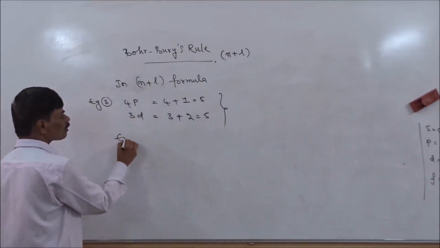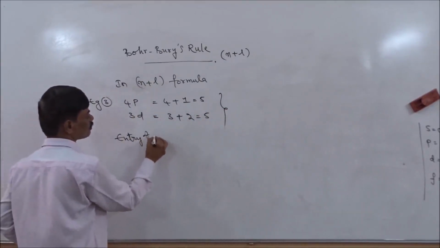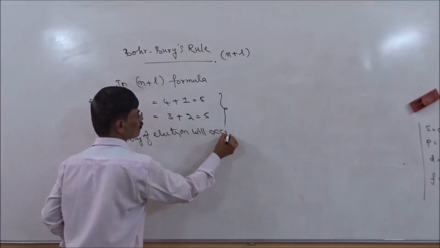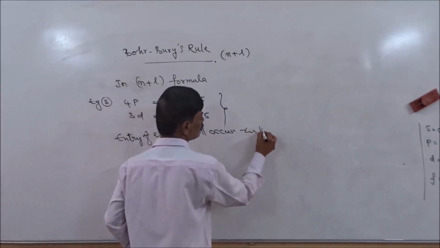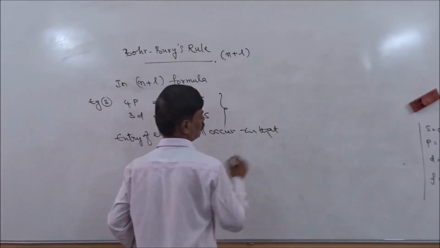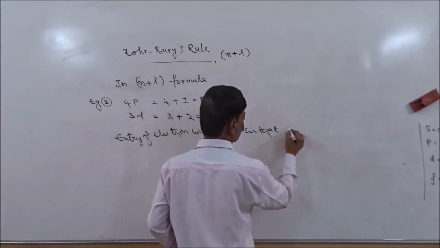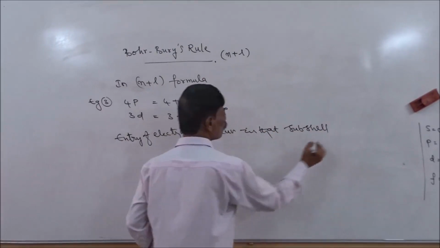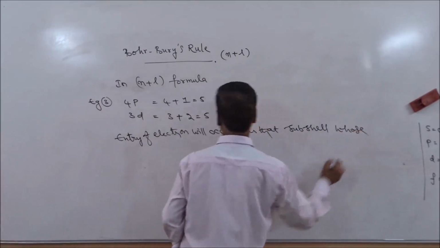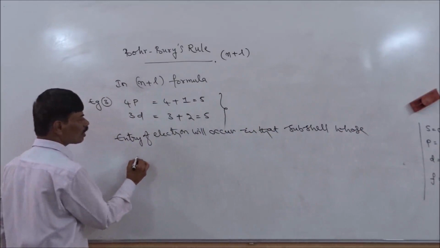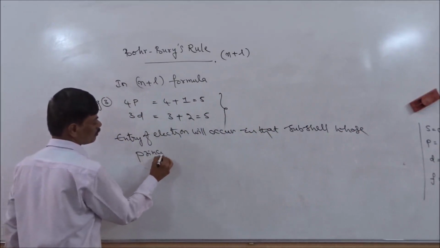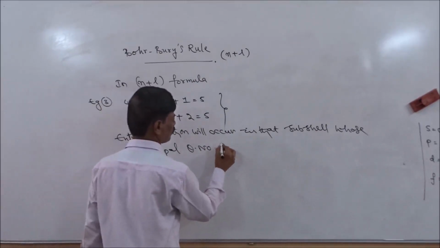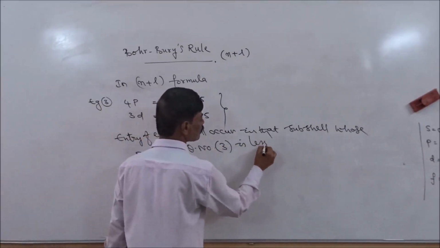So the entry of the electron will occur in that subshell whose principal quantum number is less than the other.